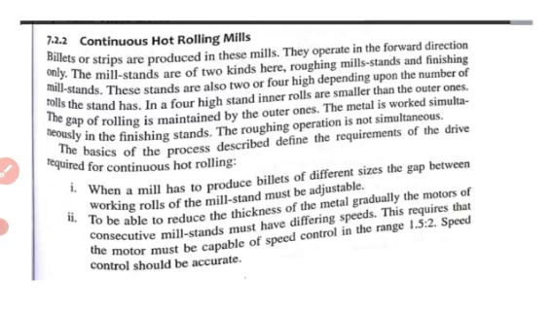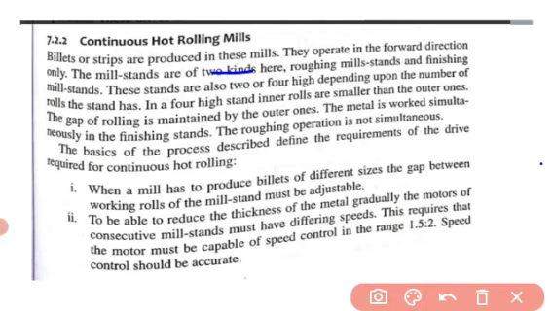Continuous hot rolling mills. Earlier I discussed reversible hot rolling mills, where the metal moves in both directions. Here, in the continuous hot rolling mill, billets or strips are produced in these mills operating in the forward direction only.